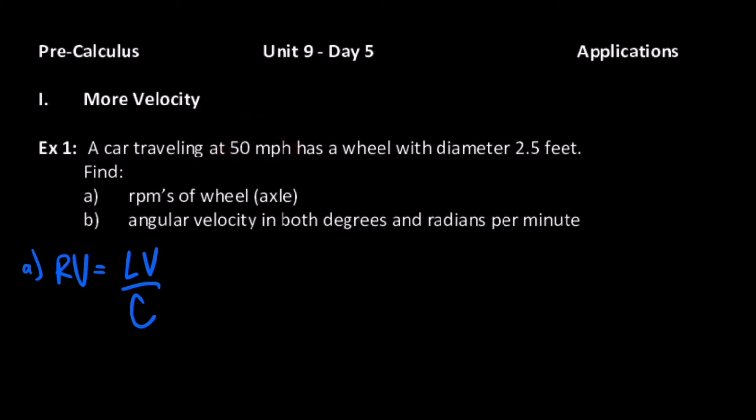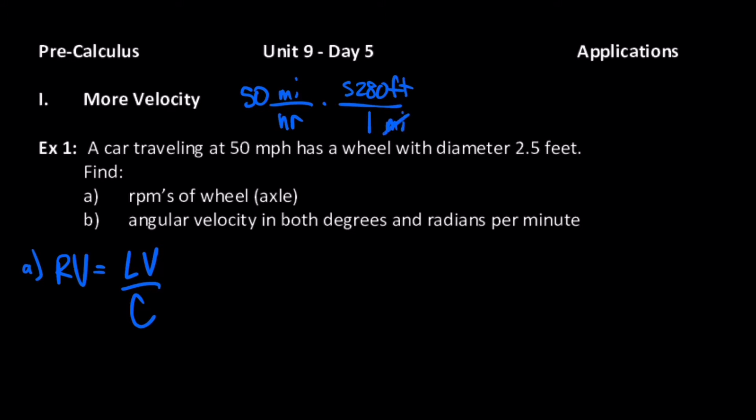Also notice here, it specifically says RPMs, so rotations per minute, and this is in hours. I think the best thing to do would be to convert 50 miles per hour to feet per minute. So let's do that over on the side somewhere. 50 miles per hour times 5,280 feet in 1 mile.